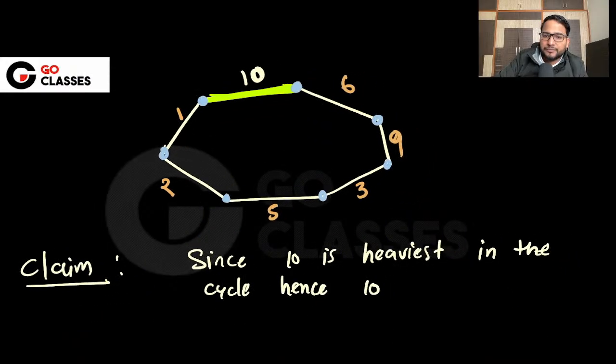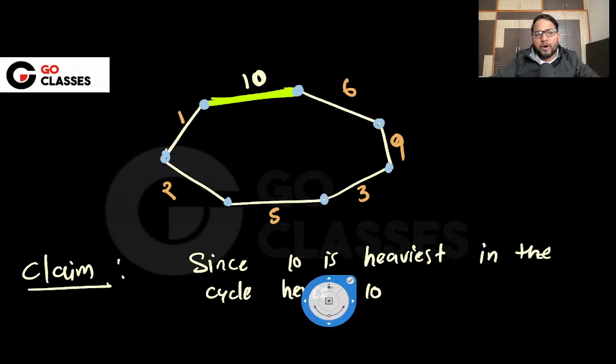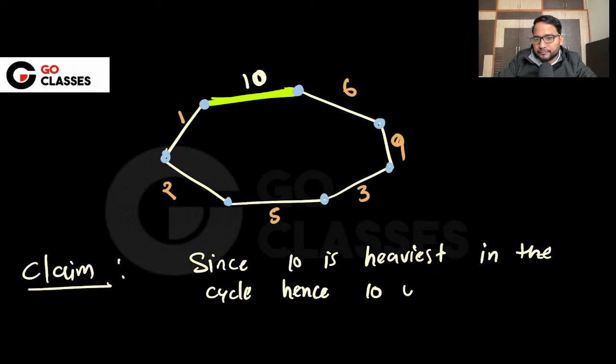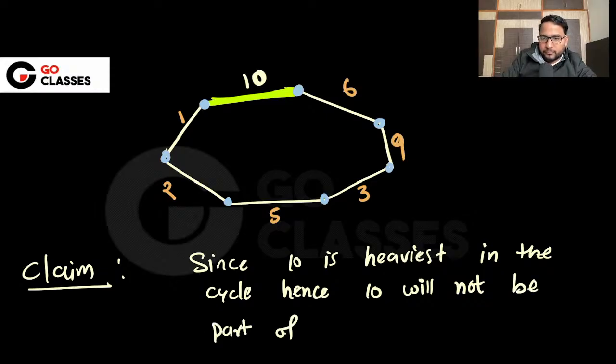At least 10 will not be part of any MST. Okay, let me know if the claim is clear to everyone. So what I'm saying is that if this is a heaviest edge, then this is not a part of any MST. Okay, I want to prove this. Let me know if the claim is clear.